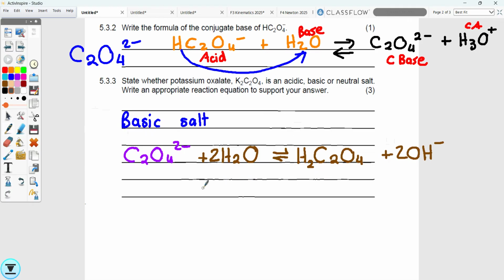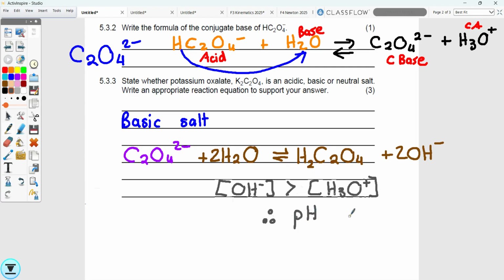I would say the concentration of my OH minus ions will be bigger than the concentration of my H3O plus ions, and therefore pH is greater than 7, therefore basic salt.